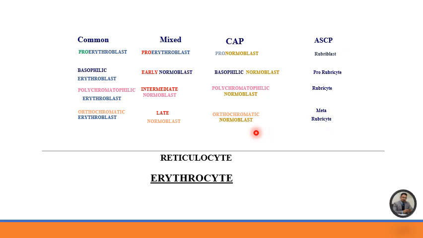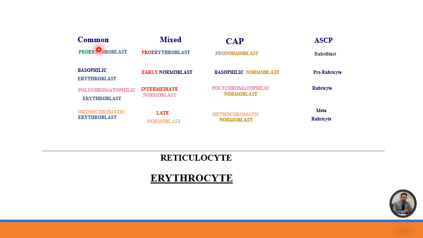But one thing to remember: when you are using the common nomenclature, starting from proerythroblast, then basophilic erythroblast, then you go forward to polychromatophilic erythroblast. Here you cannot use intermediate normoblast. Whenever you use the word normoblast, use it as it is.